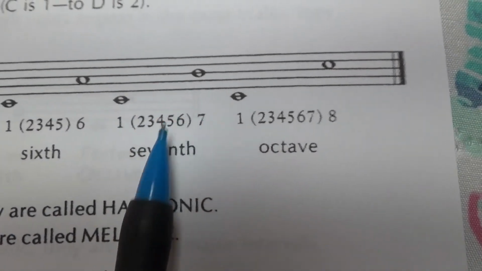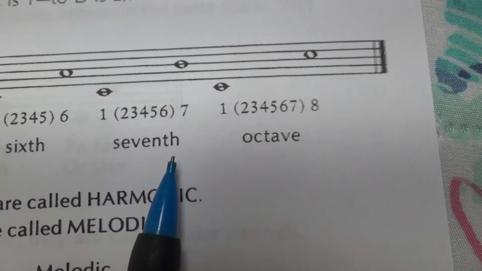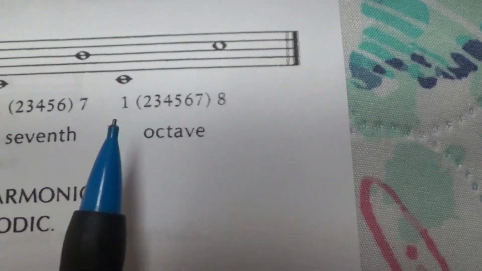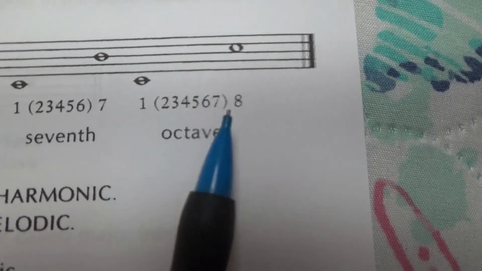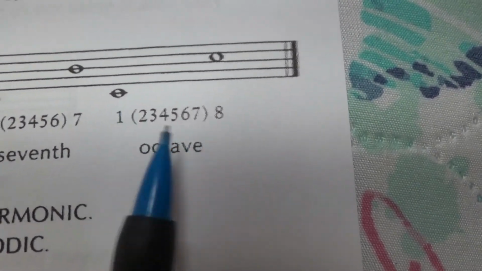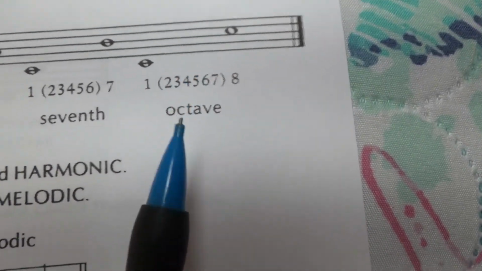C to B, C, D, E, F, G, A, B is the interval of a seventh. And C to the higher C, C, D, E, F, G, A, B, C is an eighth. It's called an octave because it's an eighth interval or 8 steps away.